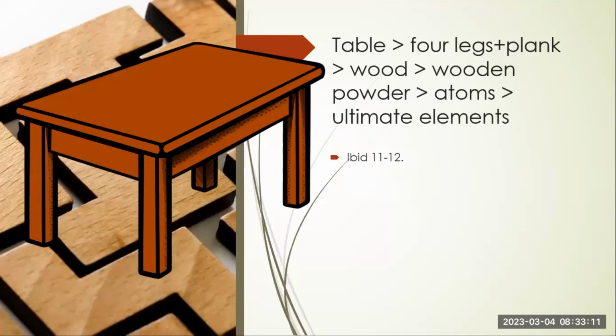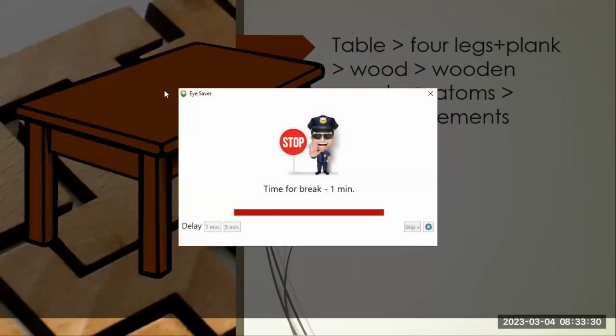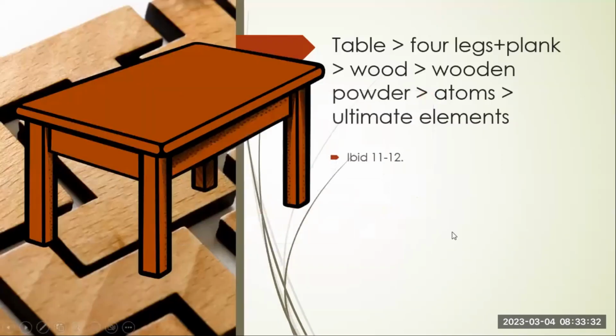Everyone calls it a table in English. In Pali, in Sanskrit, in Sinhala, in Hindi, or in your language, you have your name, various types of names. We just give the name to this appearance.